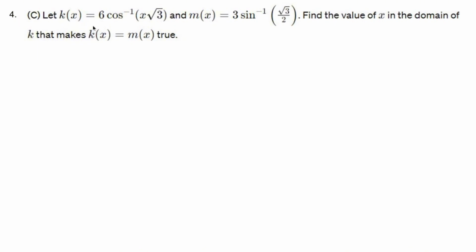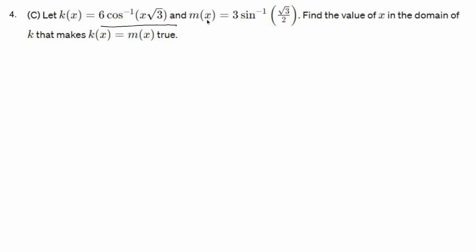Let k of x equal 6 times the inverse cosine of x root 3, and m equals 3 times the inverse sine of root 3 over 2. Find the value of x in the domain of k that makes k of x equal m of x true. So I've got to set these equal to each other.